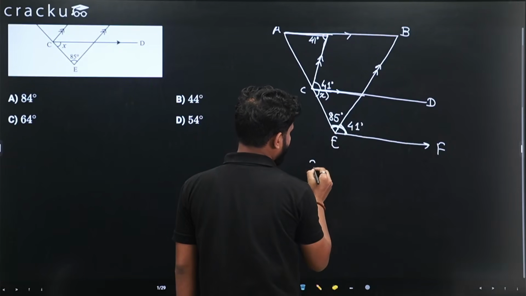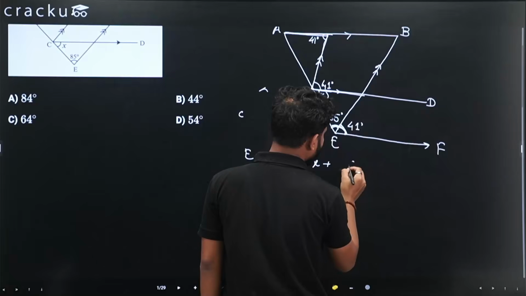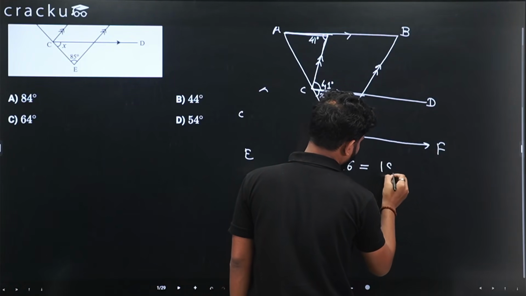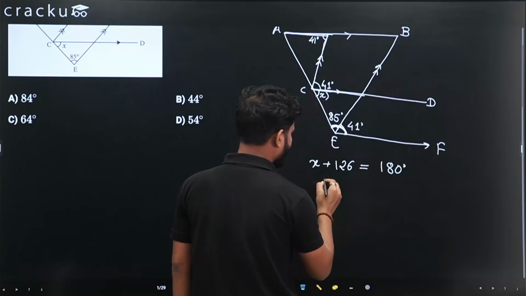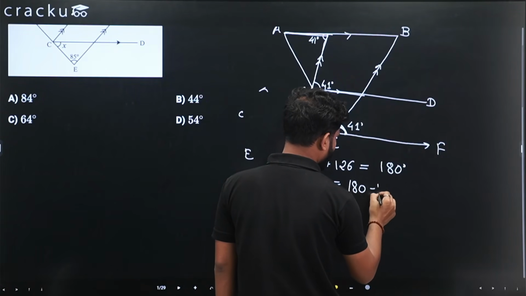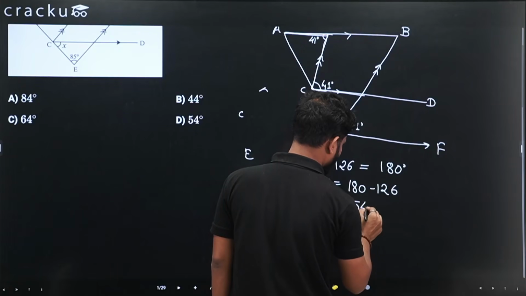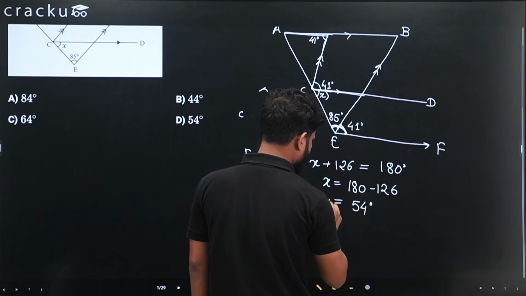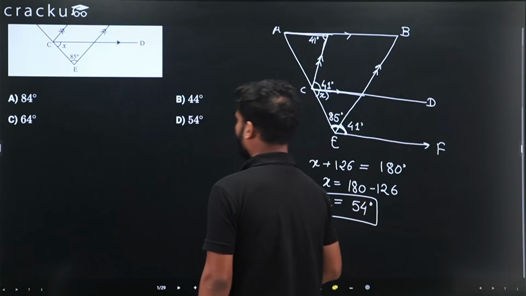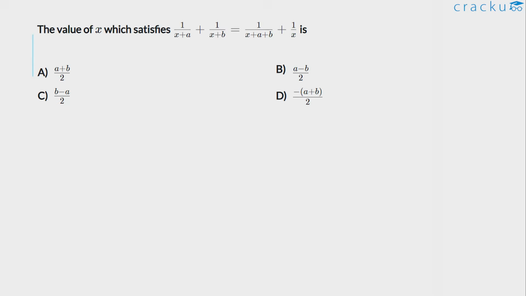So this angle x plus this angle, what is this? 85 plus 41 is 126. So x plus 126 is equal to 180 degrees. They are supplementary. So x will be 180 minus 126, which is nothing but 54 degrees. So the answer to this question will be 54 degrees. It is given in option number D. So this is how you solve.